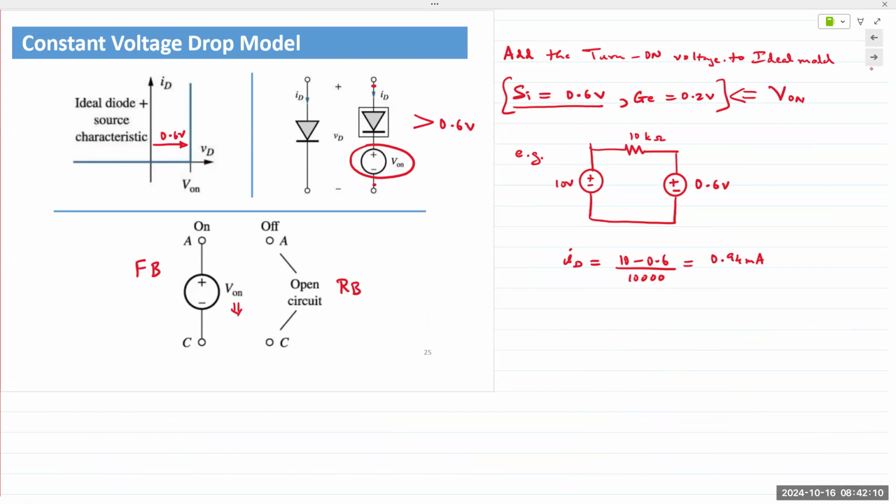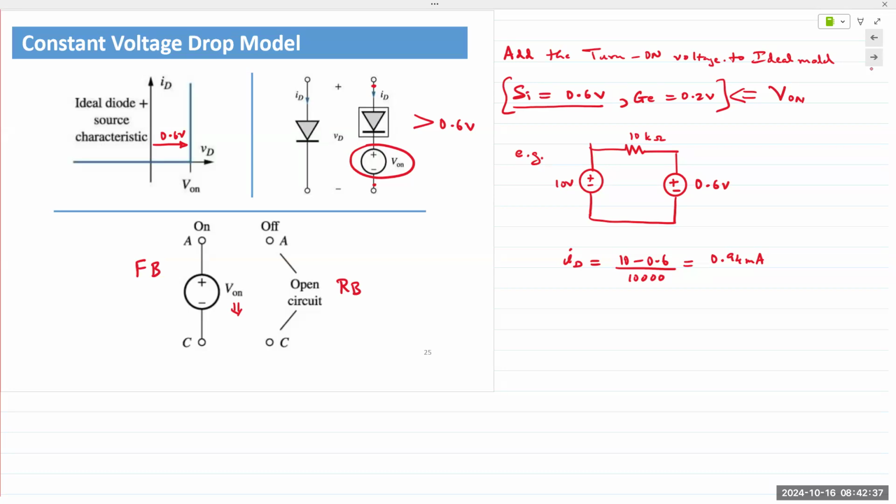So the question being asked is, what if our assumption is incorrect? Let's say you obtain a negative value for the current, or maybe a zero value for ID.